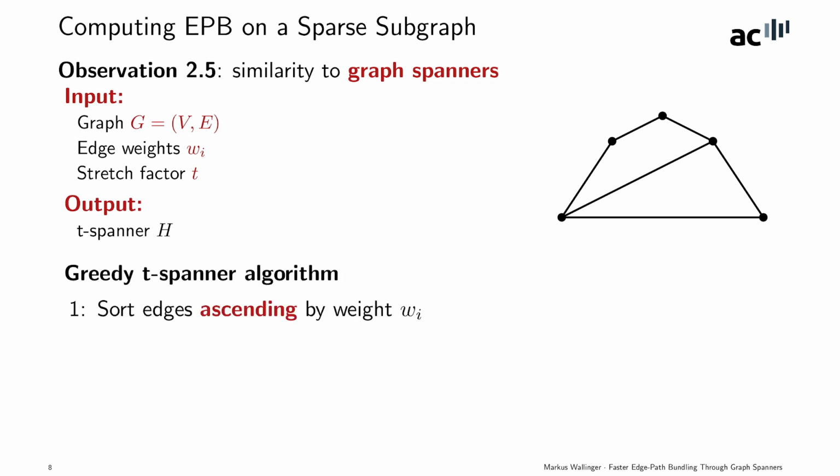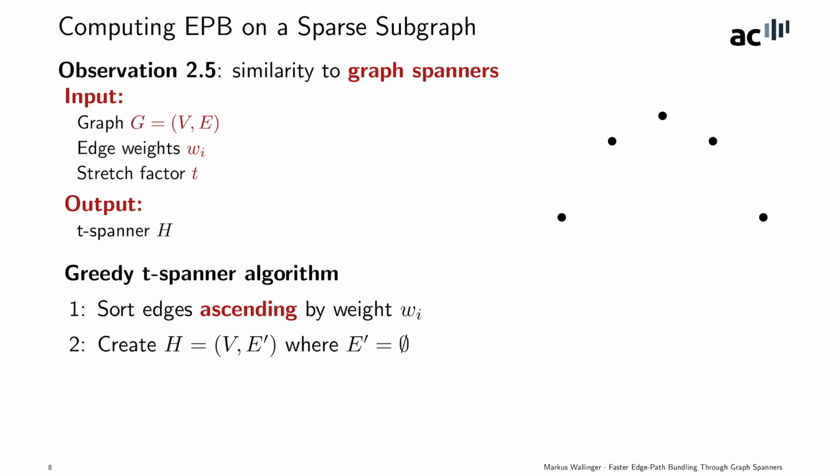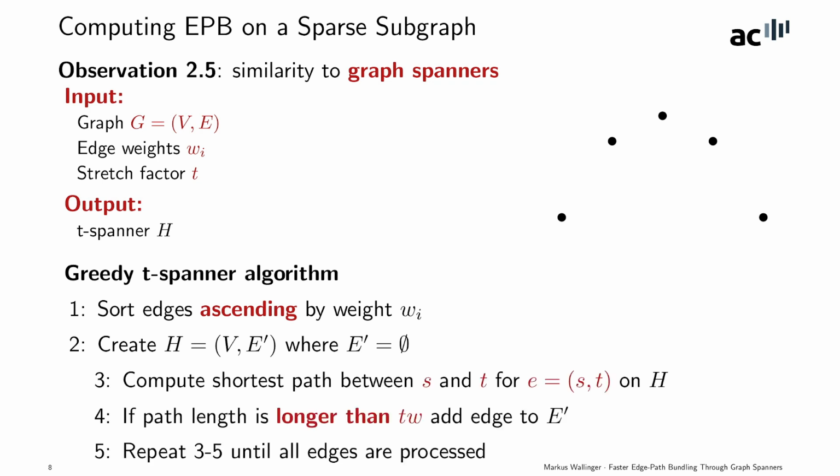Now, how to compute the greedy T-spanner? We start off by sorting the edges ascending by the edge weight. This is similar to edge path bundling, where we sort the edges by descending edge length. Then we create an empty graph with the same vertex set, but initialize the edge set as empty.